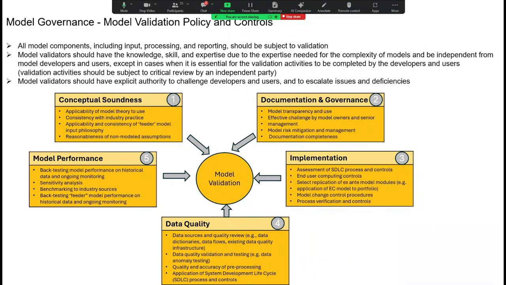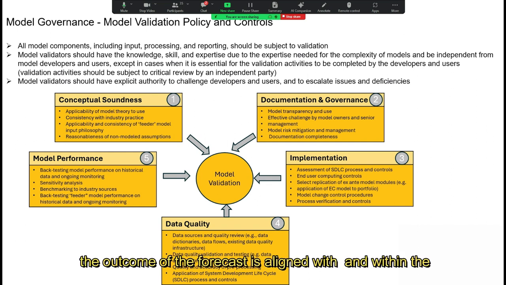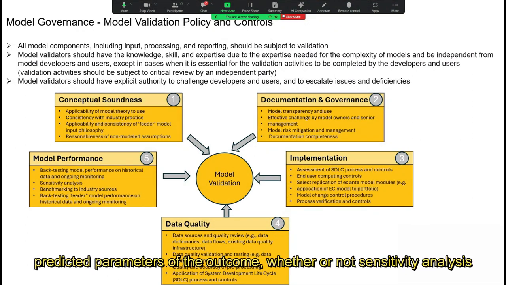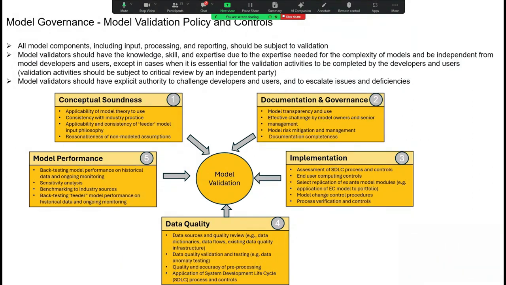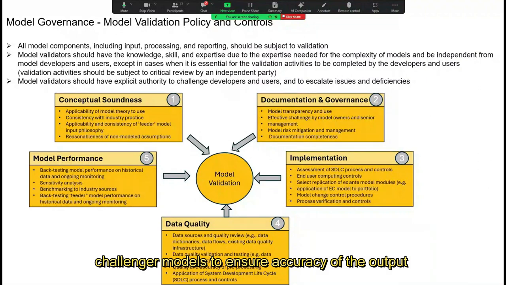And lastly, model performance: whether the outcome of the forecast is aligned with and within the predicted parameters, whether sensitivity analysis produces accurate assessments on the outcome of the model forecast, and whether models are back-tested to challenger models to ensure accuracy of the output.